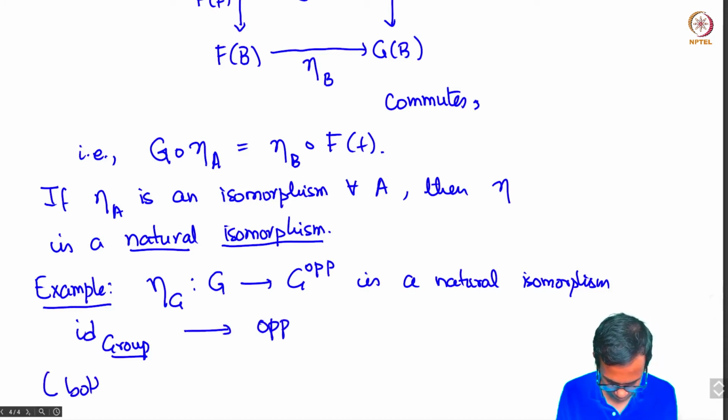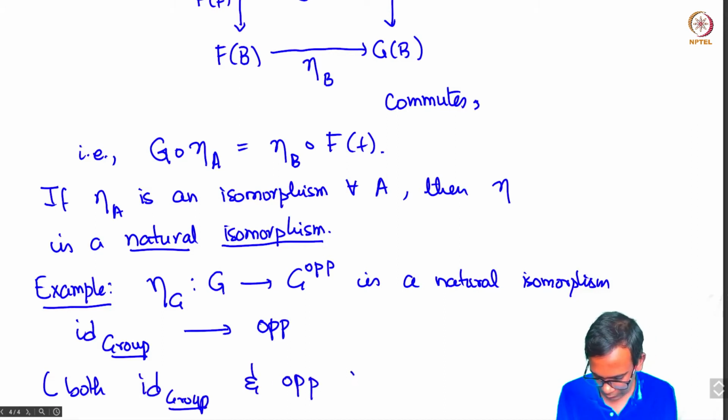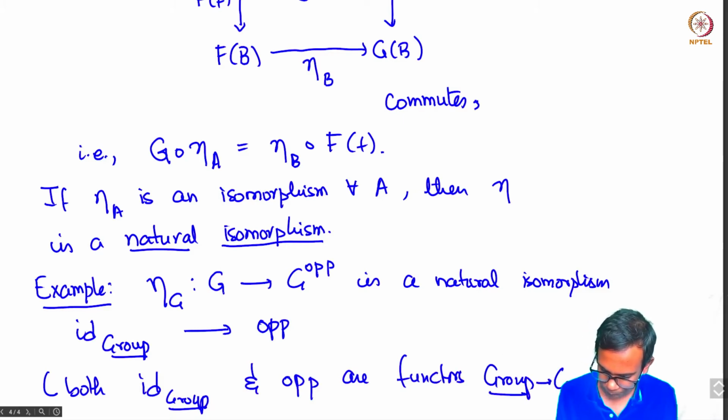Both identity and opposite are functors from groups to groups.